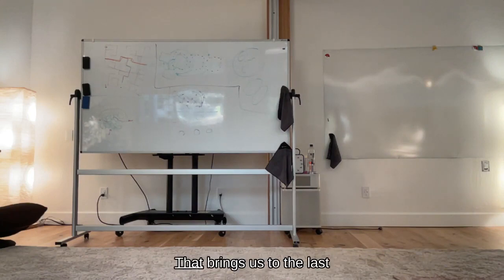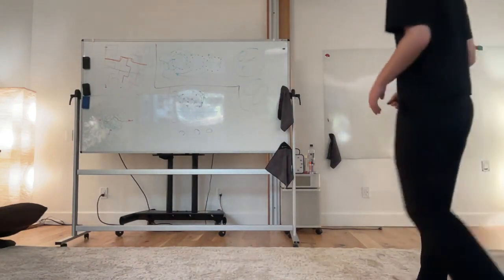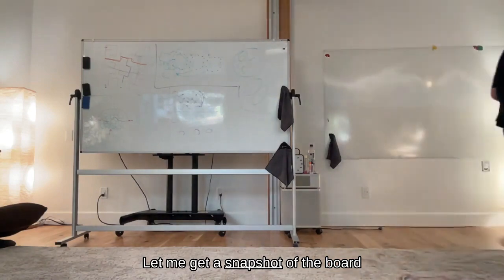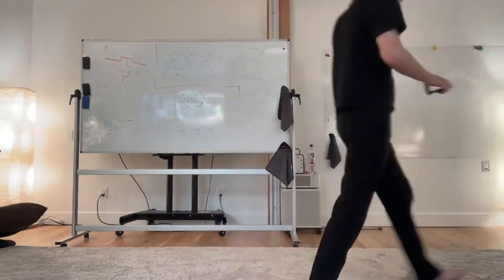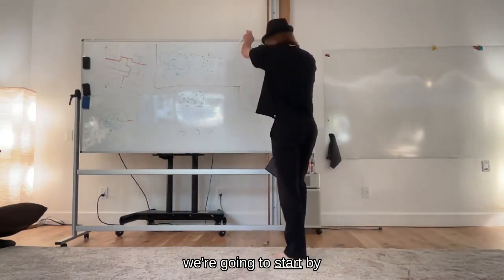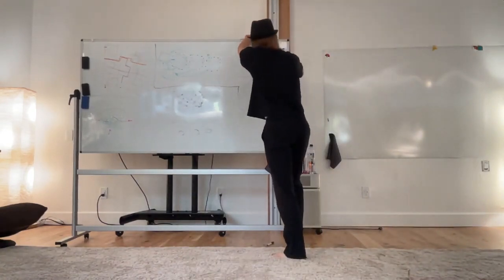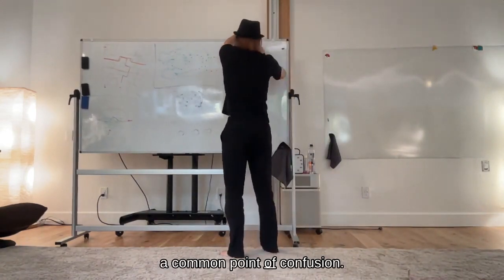All right. That brings us to the last piece, self-models. Okay. Let me get a snapshot of the board and then erase some. So I'm going to start by addressing a common point of confusion.